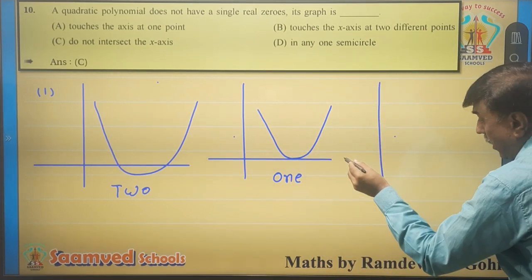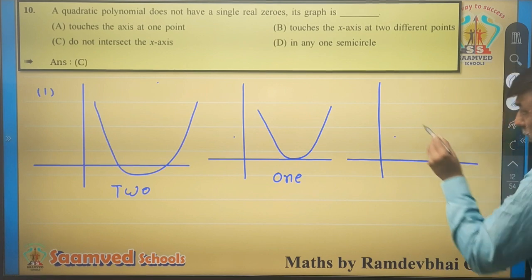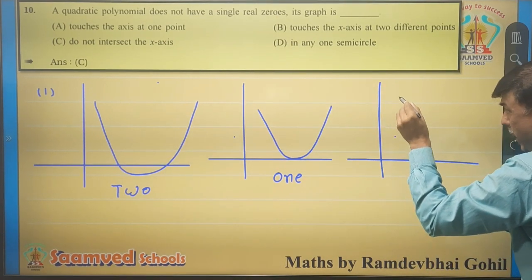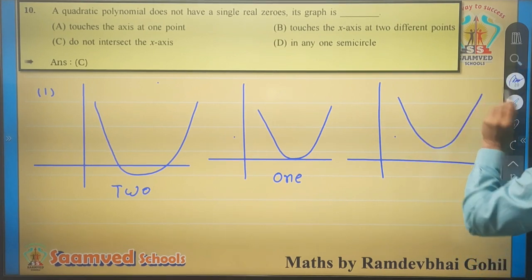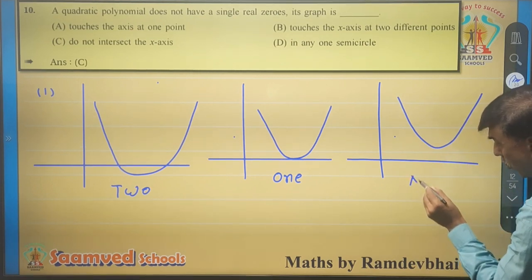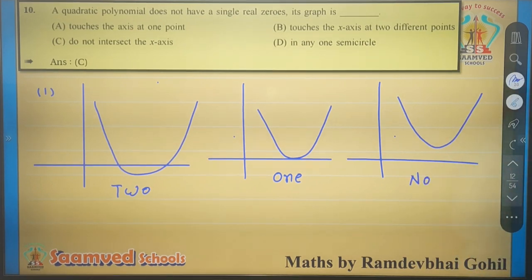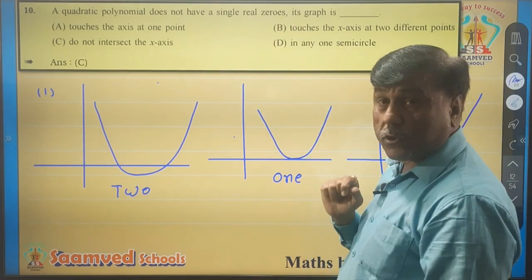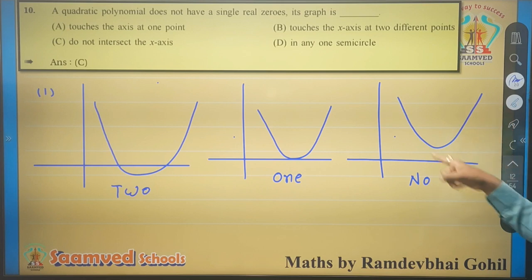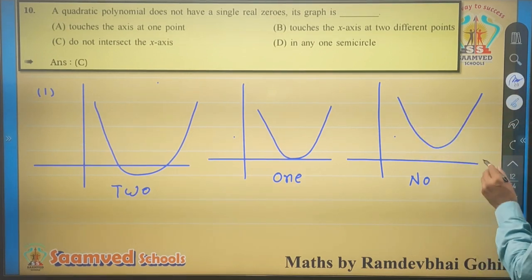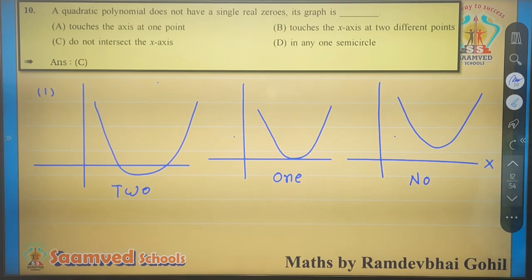And if the quadratic polynomial does not have a single real zero, then the graph will be like this. There are no zeros. So you are asked, not have a single real zero, then the graph will be like this. So the graph will not intersect the x-axis.